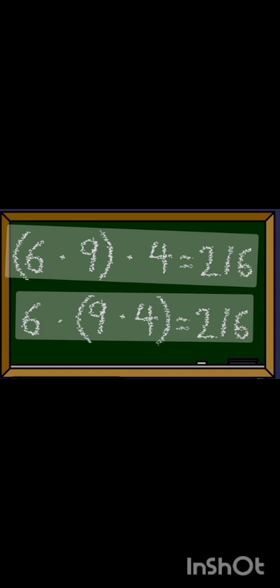When we are multiplying with commutative properties or adding, if something occurs in the parentheses, we always start with the numbers within the parentheses. So, in this case, 6 times 9 is in the parentheses, and so we would go to 6 times 9.